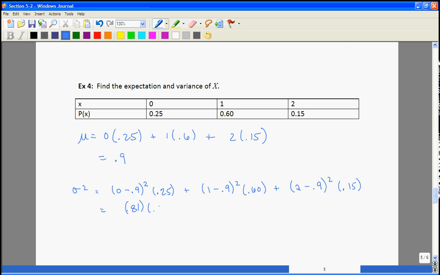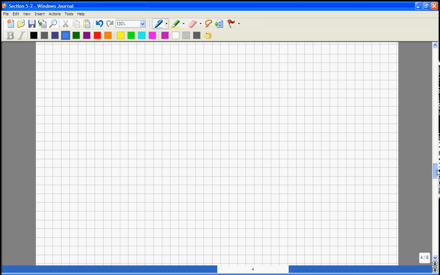If I square the difference, that's 0.81 there, .01 here, and it should be 1.21 here, times 0.15, and then I can just multiply and add. After plugging all that into my calculator, I get 0.39.